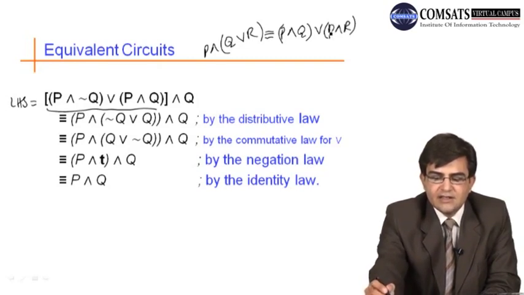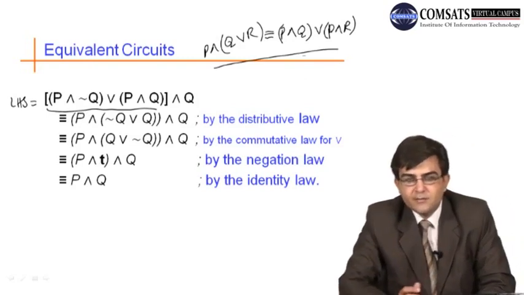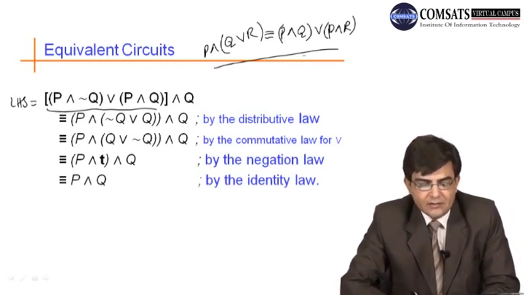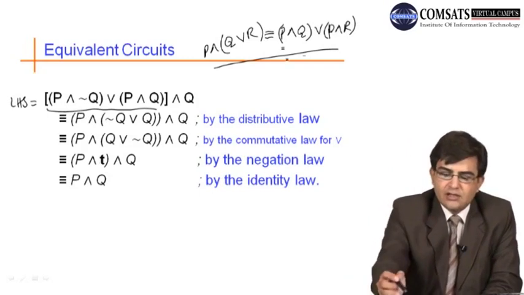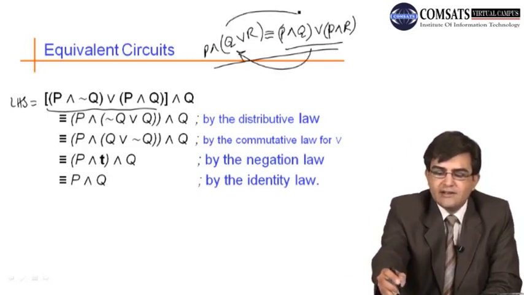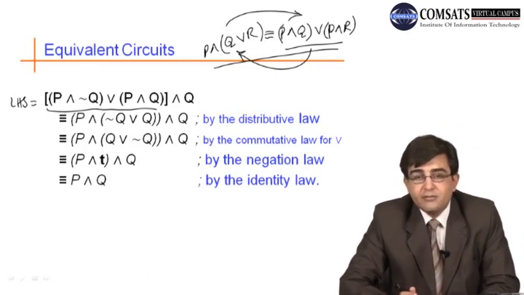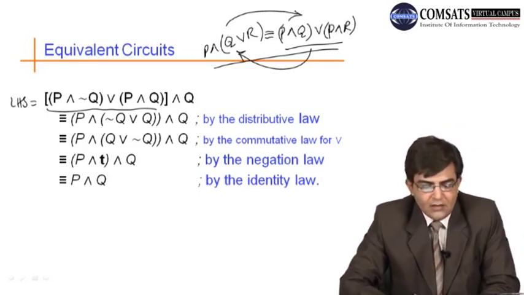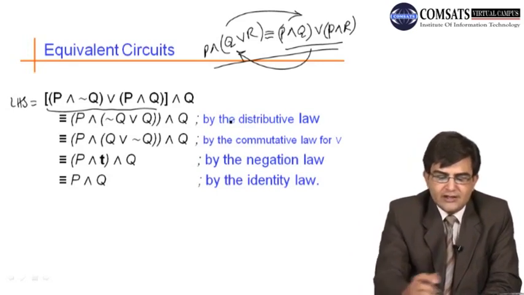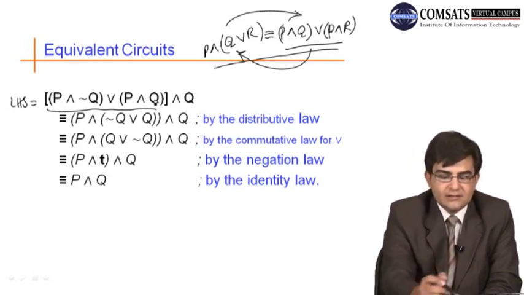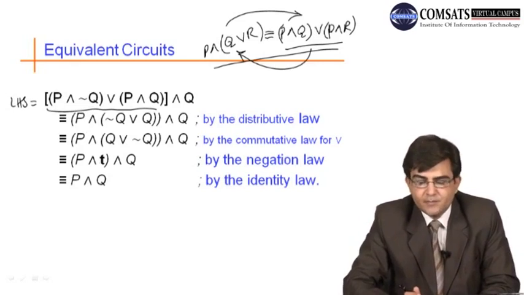This is the distributive law we have discussed in the rules of logic. If we are given this, we can write this, and if we are given this, we can write this, because we have proved it already. So we can use the distributive law and write this whole expression as this expression.